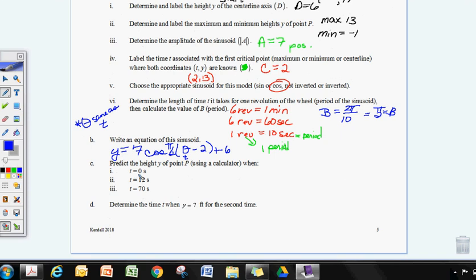Predict the height when you start. So I am going to just plug this in, and I'm going to get y equals 7 cosine of pi over 2 times, oh, my t or my theta is 0, minus 2, plus 6. And I'm going to grab my calculator to do this.